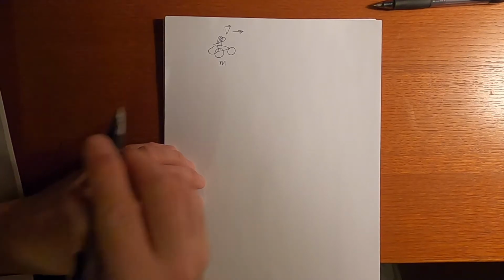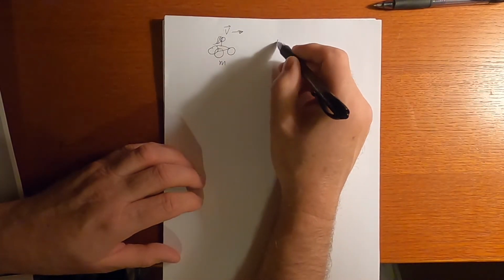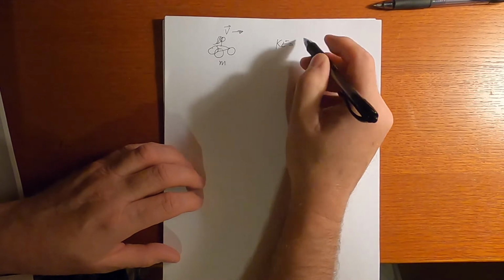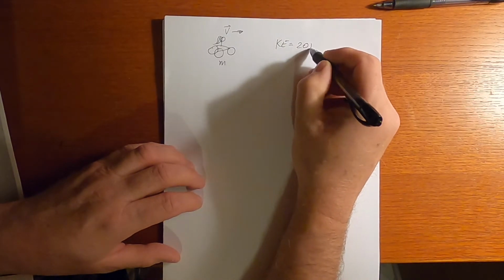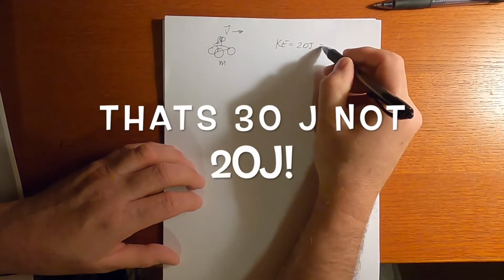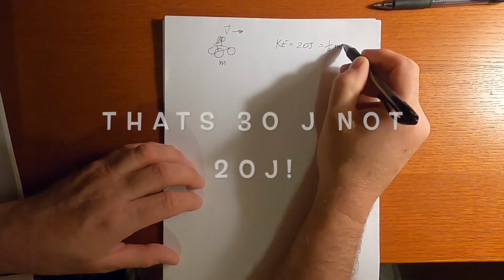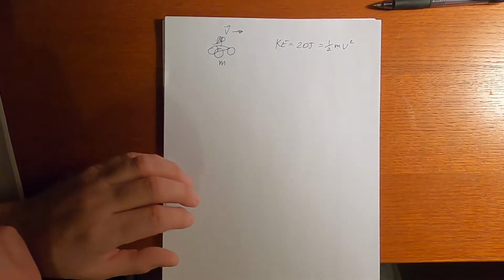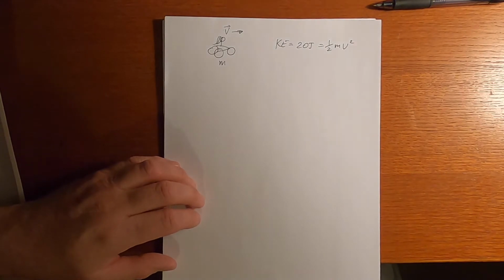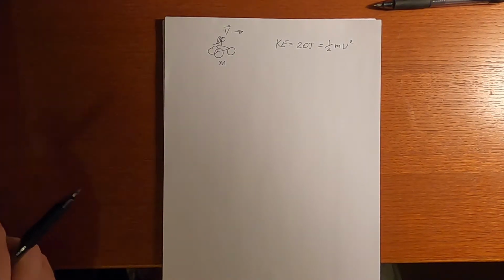Now, her kinetic energy here equals 20 joules, and that's her 1/2 mv squared. So there's her kinetic energy initially.